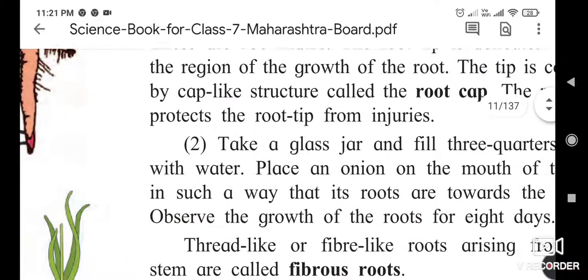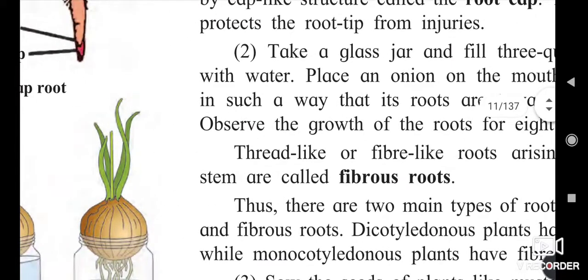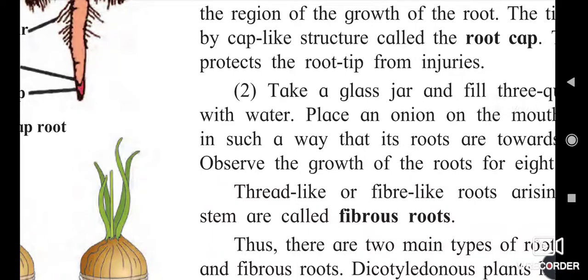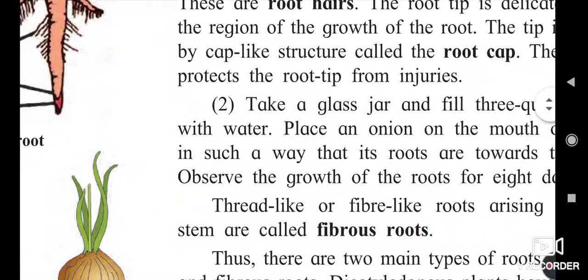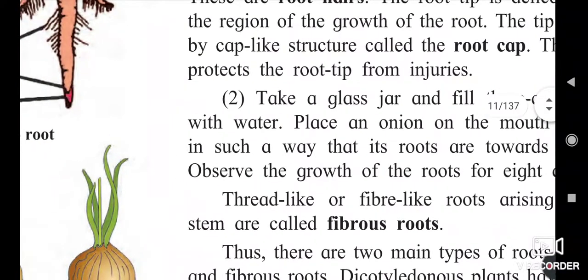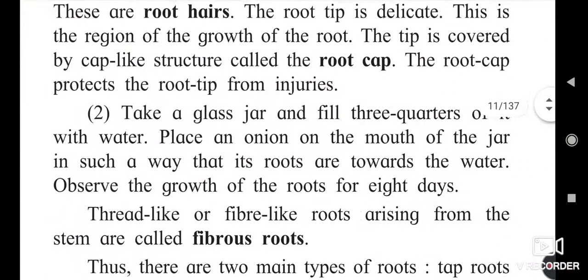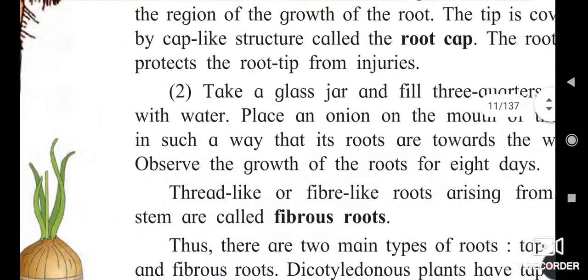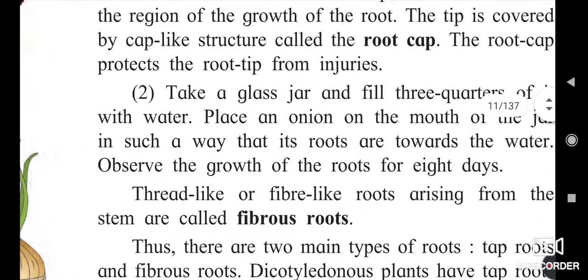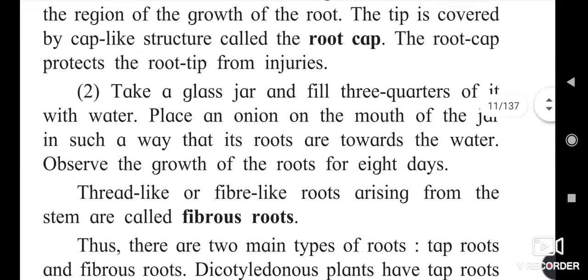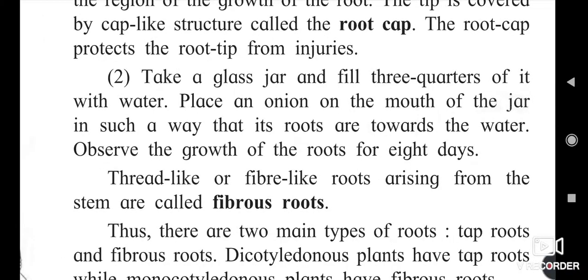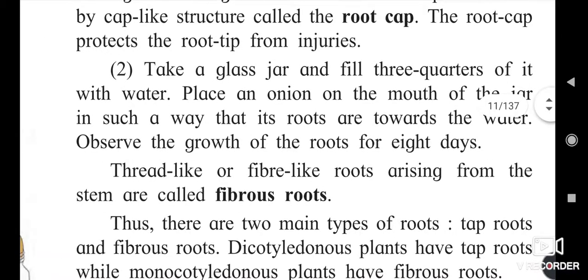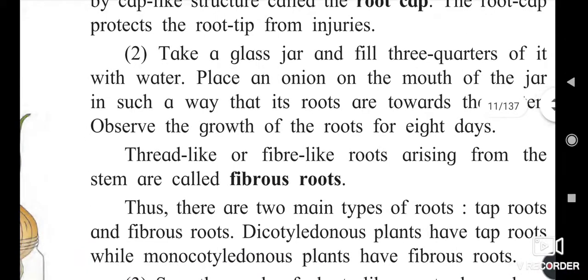For this we have an experiment. Take a glass jar and fill three-fourths of it with water. Place an onion on the mouth of the jar in such a way that its roots are towards the water. Observe the growth of the root for 8 days.